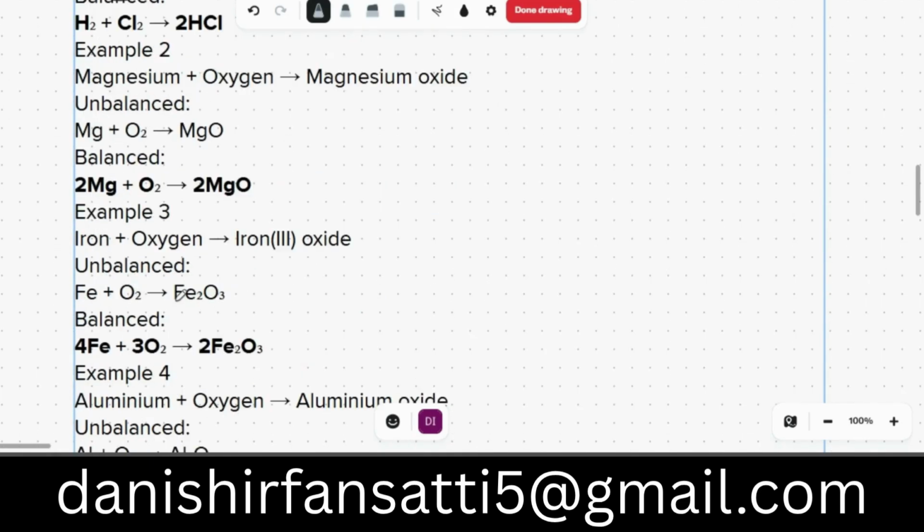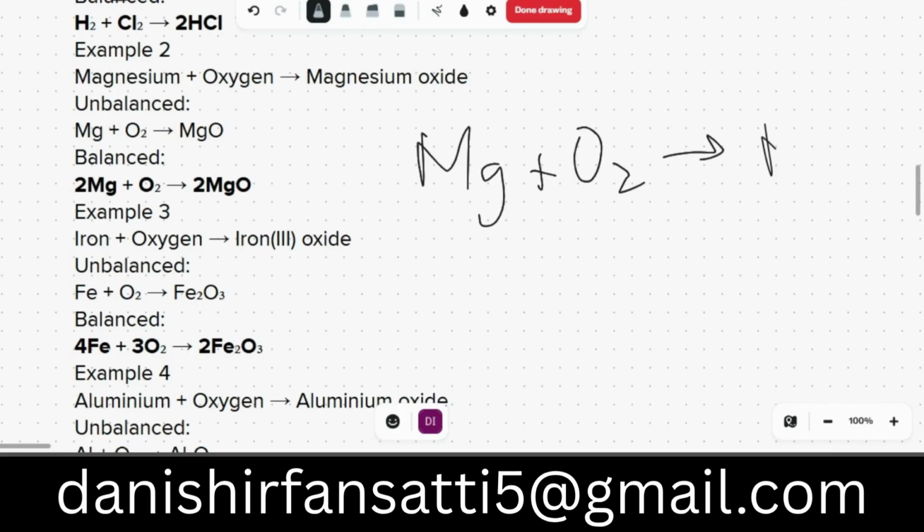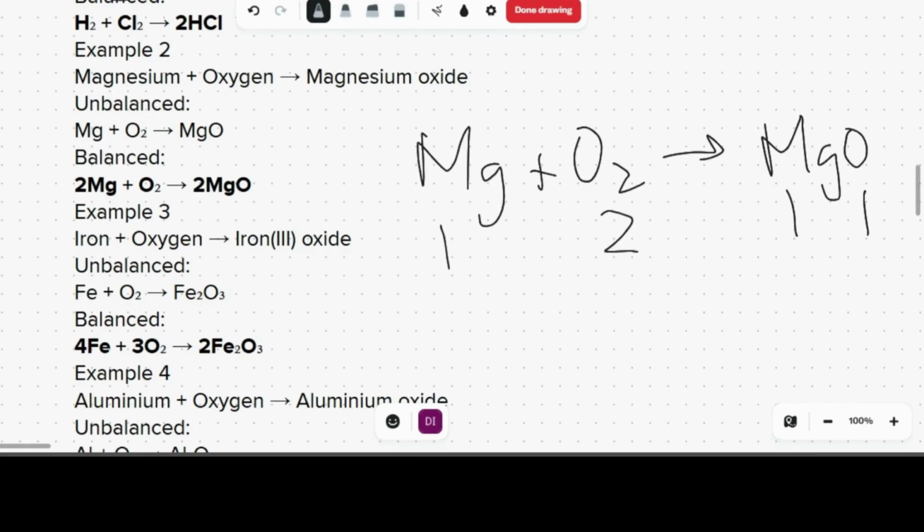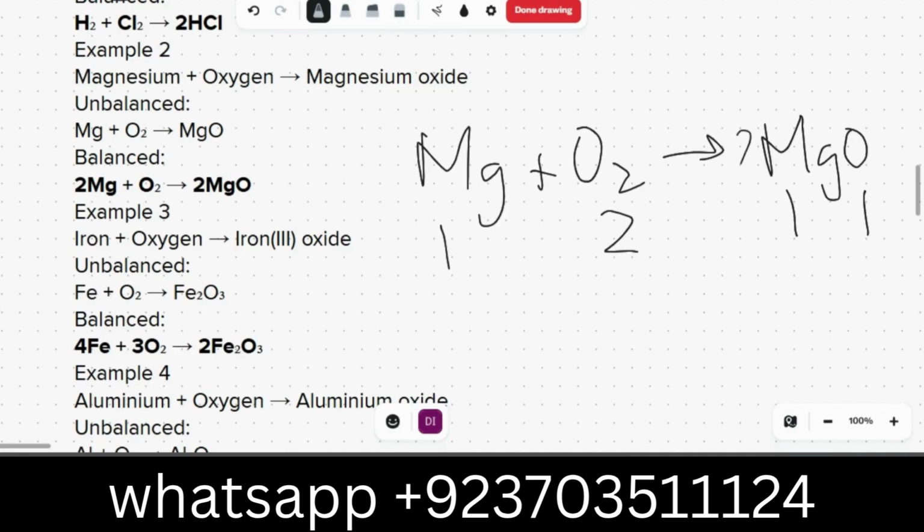Magnesium oxide. Magnesium is Mg plus O2 gives us MgO. I will do it here. How many magnesium are there? 1 and 1, and oxygen is 2 and 1. You can see there are two oxygen, so we need two oxygen on the product side.